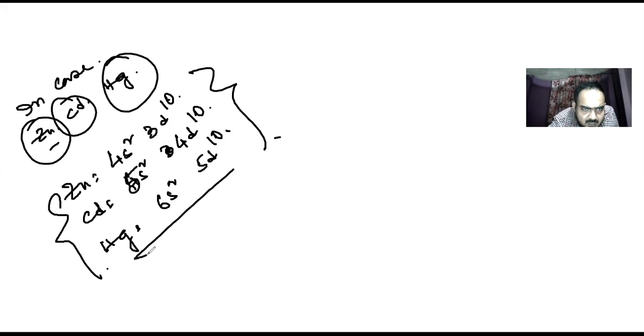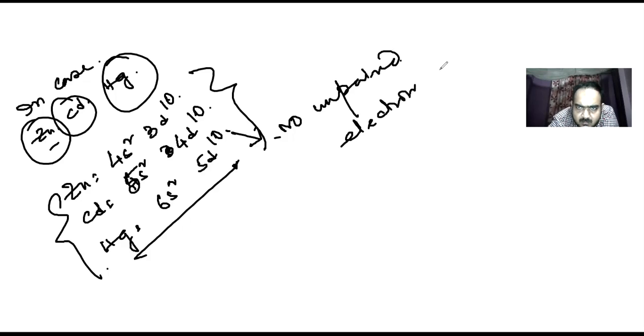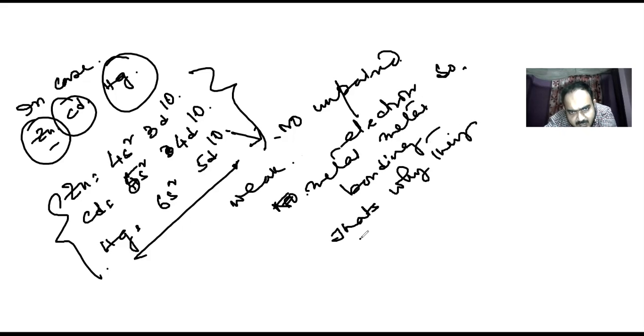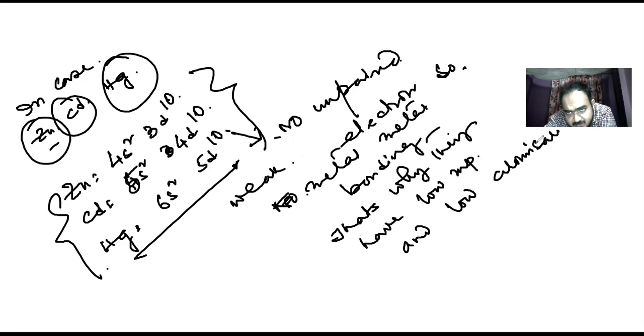So it is evident from here that there is no unpaired electron. So no metal-metal bonding, or weak metal-metal bonding. That's why they have low melting point and low atomization energy.